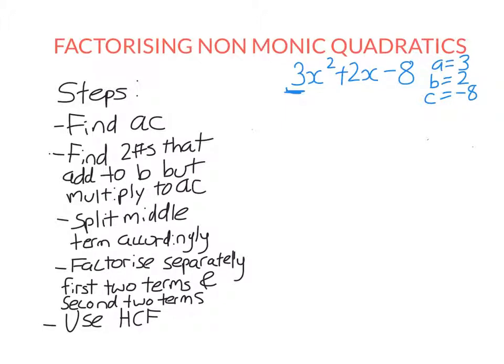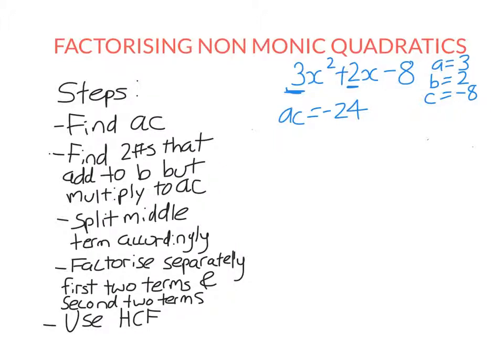So first step, a times c is 3 times negative 8, which is negative 24. Now I need to find two numbers that add to give 2, but multiply to give negative 24. If they multiply to give negative 24, one's positive, one's negative. You need to look for factors of 24 that differ by 2, and in this case that's 6 and 4.